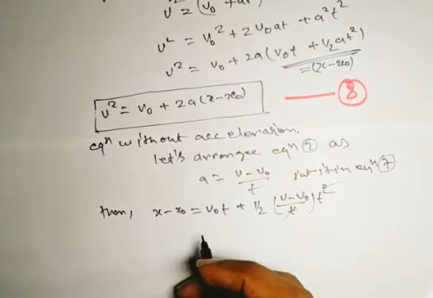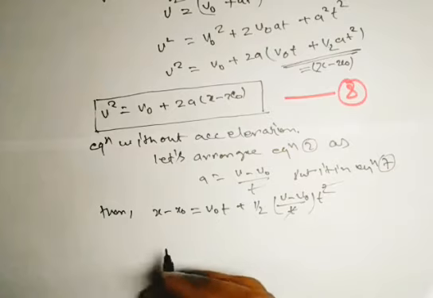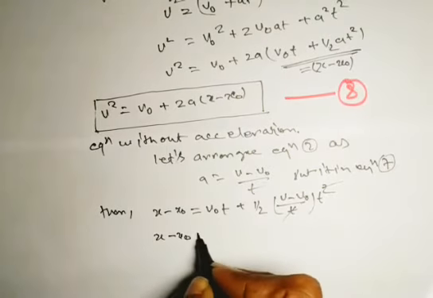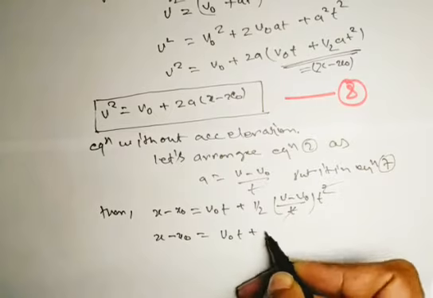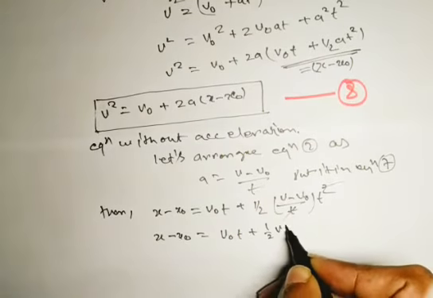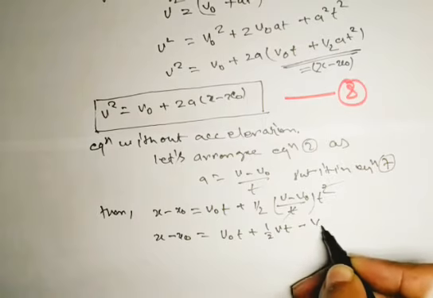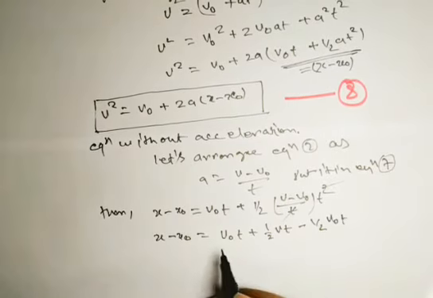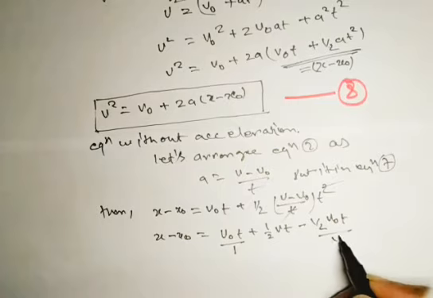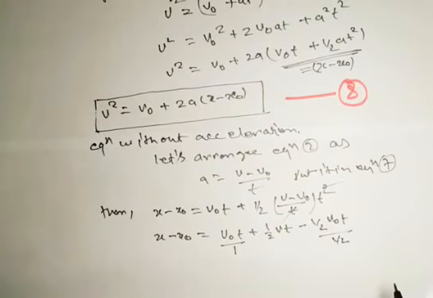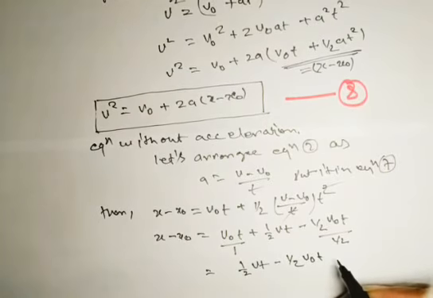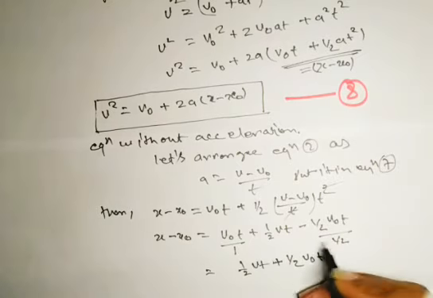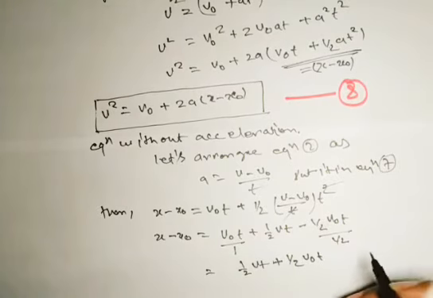Let's cancel. And it will become x minus x naught equal to v naught t plus half vt minus half v naught t. So this is 1, this is half. 1 minus half is equal to half.